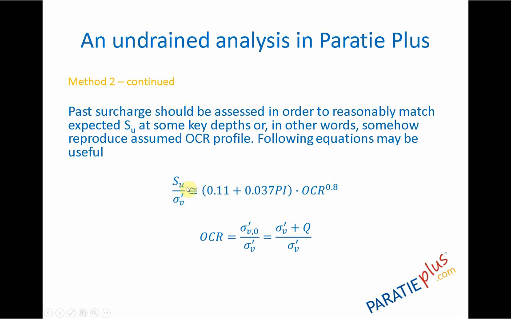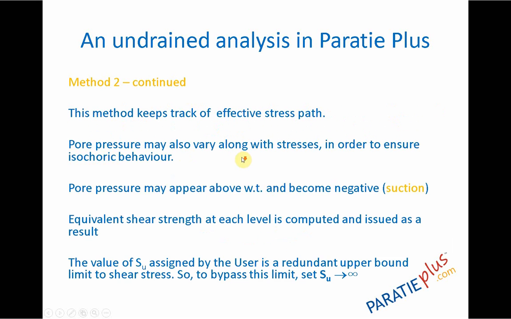Consider that if we know by sampling the undrained shear strength at some depth, we can calculate Q in order to match these values, and more or less with some iteration we may have a reasonable assumption for Q. So as long as this method can distinguish between effective stress and pore pressure, pore pressures are also an additional result of Paratie analysis, like for sands and for coarse material.